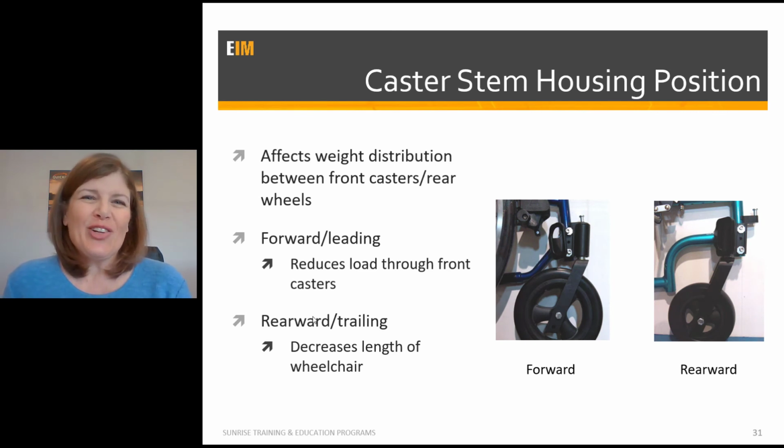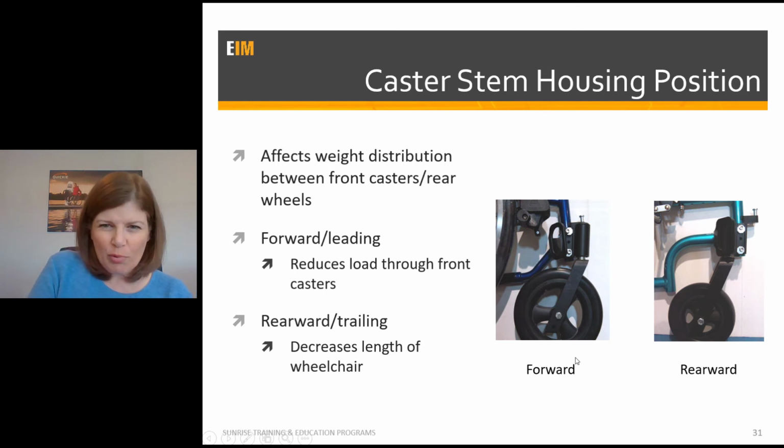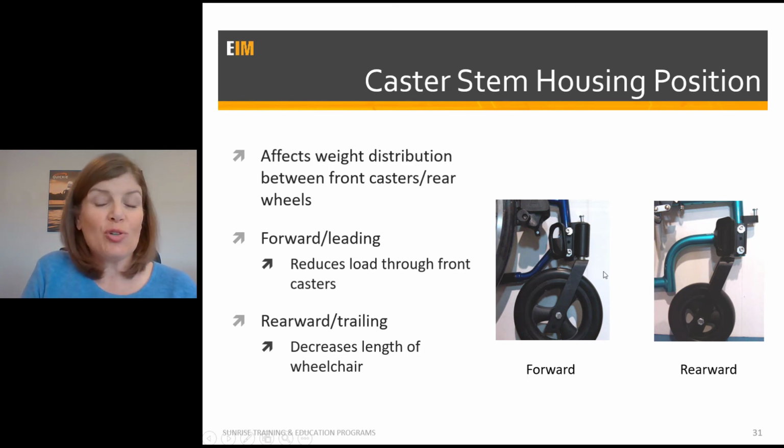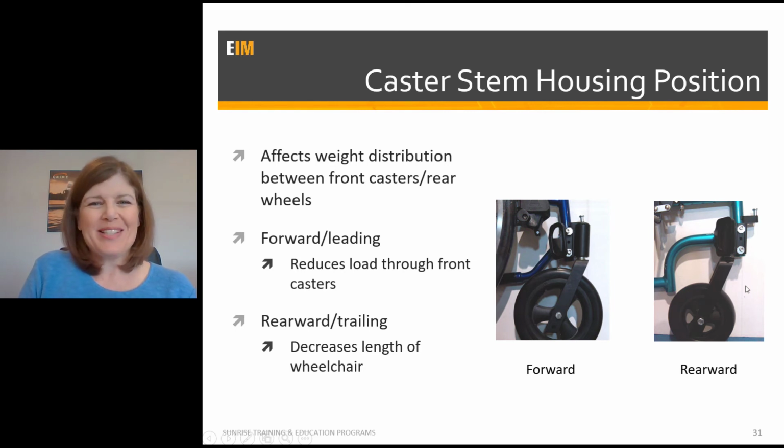Now, another thing that we can look at when we're thinking about weight distribution is the caster stem housing position. And so I don't mean the position of the caster, but more this stem housing. So bringing my cursor over. So in this picture, this caster housing or this journal housing is in a more forward position relative to the frame of the wheelchair. And in this picture to the right, this caster housing or stem housing is rearward relative to the frame of the wheelchair.